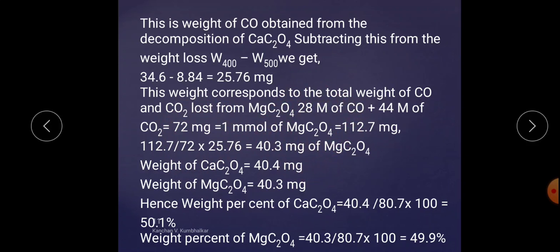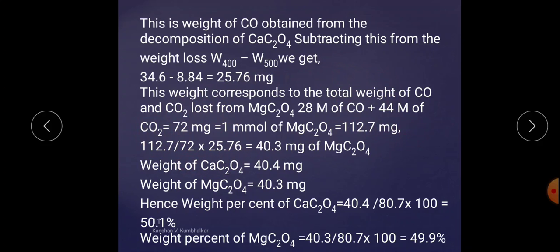Means MgC2O4 liberates 1 MgO with a liberation of 1 mole of CO and 1 mole of CO2. The total weight of MgC2O4 is 112.7 mg. Means 1 mole of MgC2O4 gives 1 mole of CO as well as 1 mole of CO2, or 112.7 mg of magnesium oxalate gives a total of 72 mg of mixture of CO and CO2.